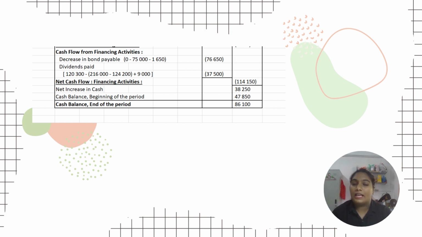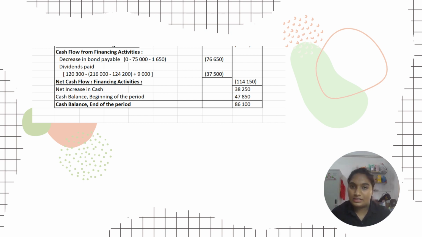And also secondly, dividend paid. For the dividend paid, we will plus the net profit and also changes in dividends payable from the statement of financial position, and also minus the changes in retained earning.